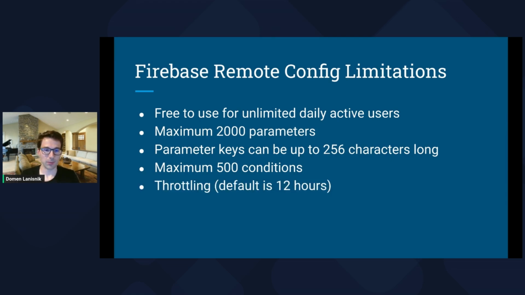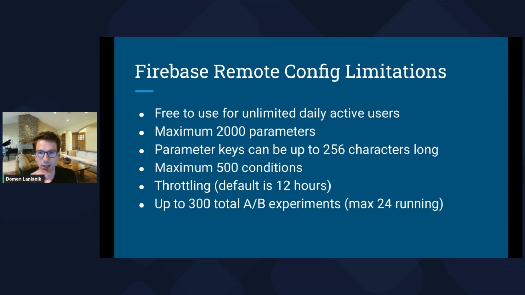And yeah, I talked about this before, but essentially if you're refreshing or requesting updates too often, you will get throttled, and then you will have to wait for a longer time to get the new values. Another limitation is that you can have a maximum of 300 total A/B experiments, and at most 24 of them can actually be active.